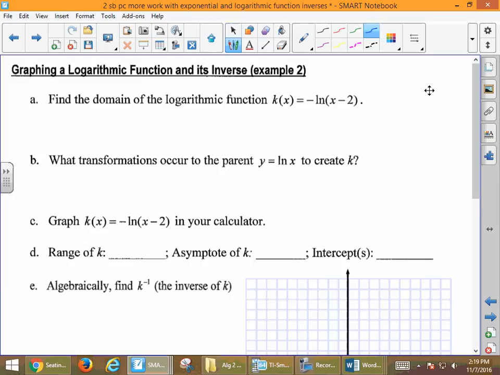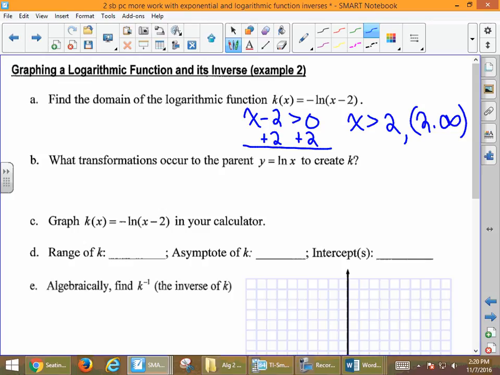So when we start with this, again, it's going to be x minus 2 is greater than 0. When we add 2 to both sides, we get x is greater than 2. And in interval notation, that means 2 to infinity.